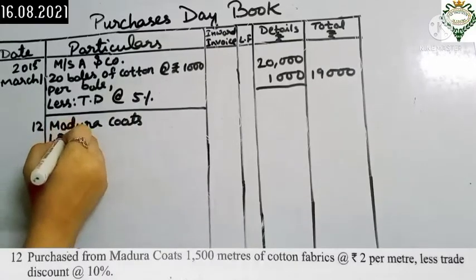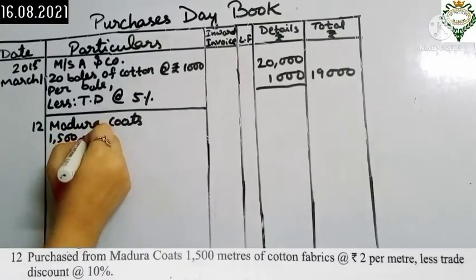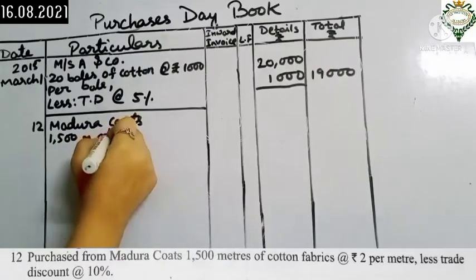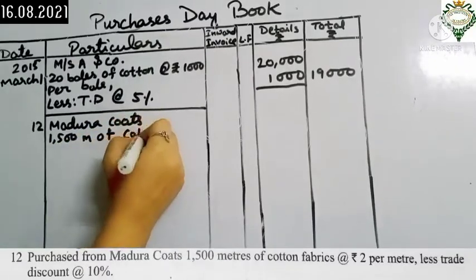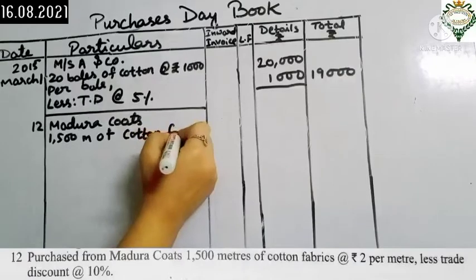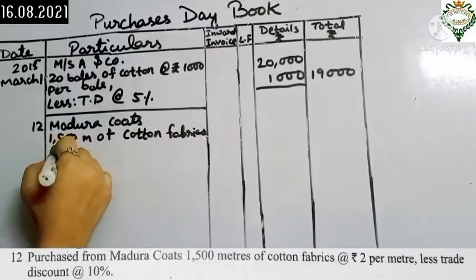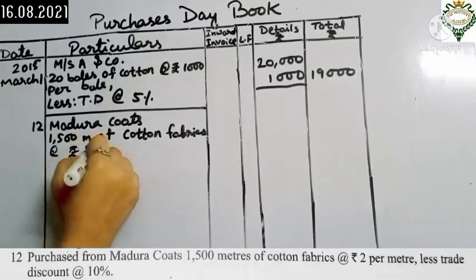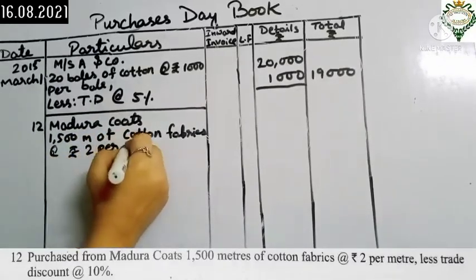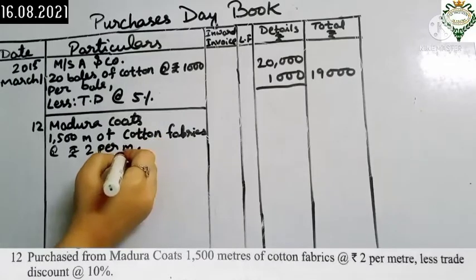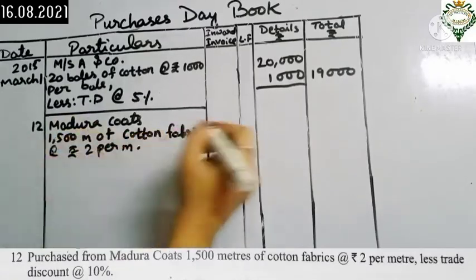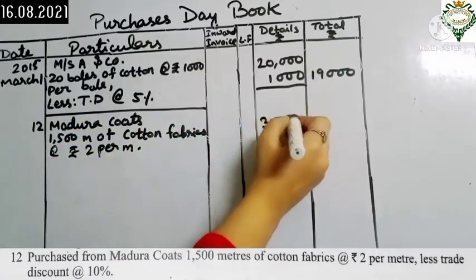We have to write here 1,500 meters of cotton fabrics at ₹2 per meter. If we multiply 2 into 1,500, we will get 3,000 here.